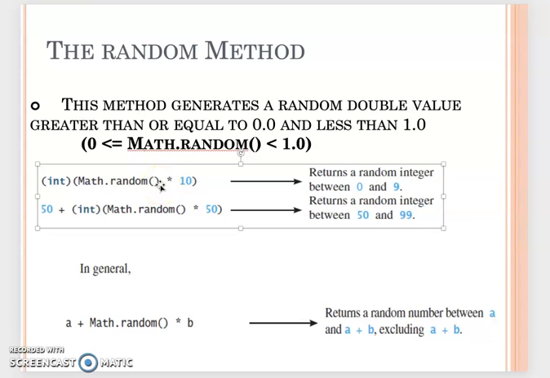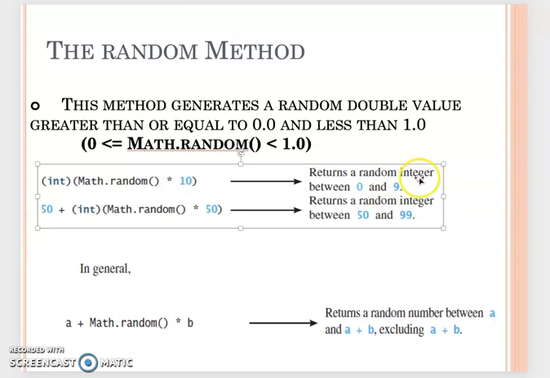So if you want a random integer between 0 to 9, we need to play the math. Here you only create a value between 0 and 1, but how about I enlarge that by 10 times? When I do Math.random times 10, I will have a value returned between 0 and 10, but less than 10. Now I can create a random number between 0 to 9.